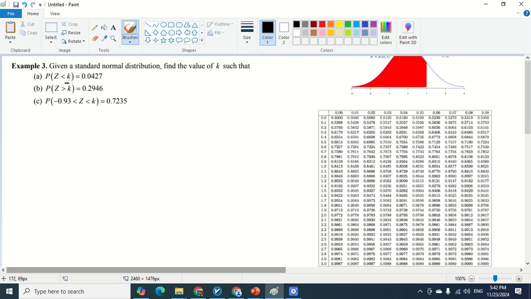I mean, the inverse of that can be considered in the question as well. So for the first part, the probability of z less than k is 0.0427.